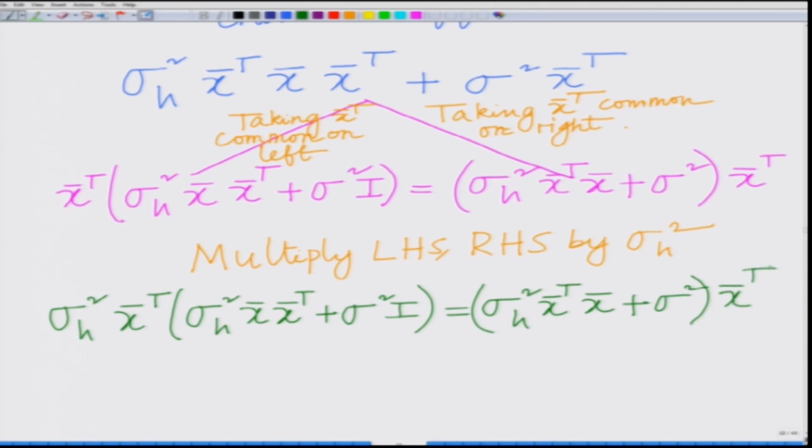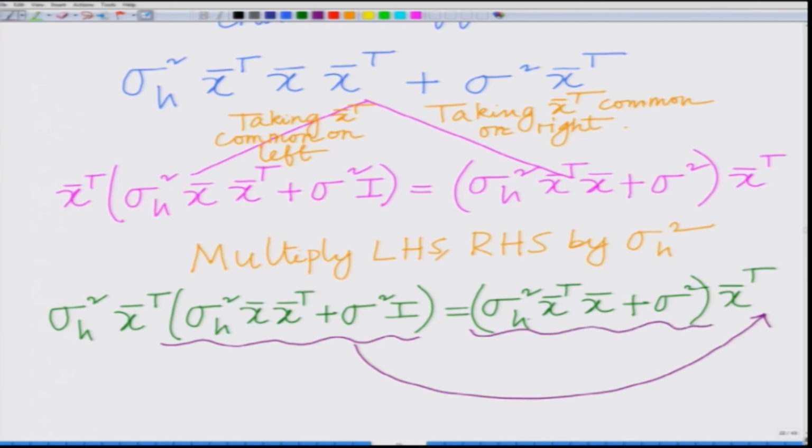Now, what I am going to do is take the inverse of this quantity, sigma h square x bar transpose x bar plus sigma square, bring this quantity onto the left over here.